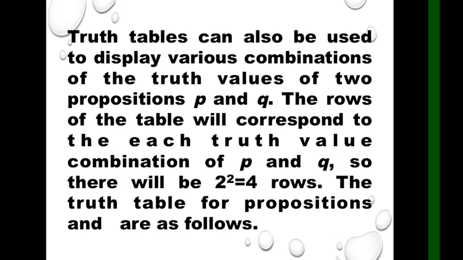Truth tables can also be used to display various combinations of the truth values of two propositions P and Q. The rows of the tables will correspond to each truth value combination of P and Q. So there will be 2 raised to 2 equals 4 rows. The truth table for the propositions is as follows.